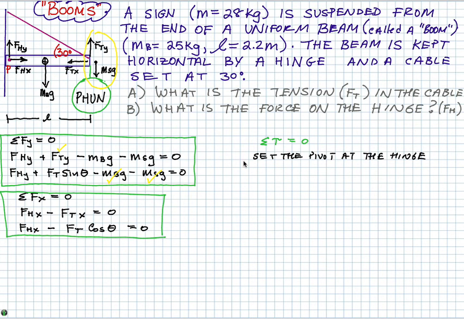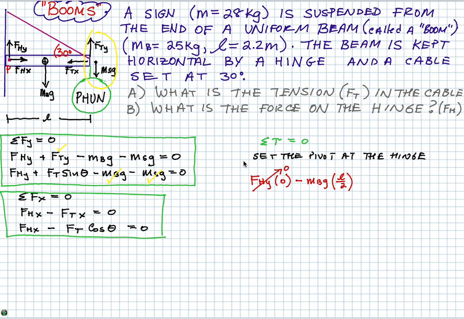So I have the sum of the torques. That would be Fhy times 0. So there's no torque provided by the hinge. So that's 0. And the next force would be mBg. That would provide a negative torque, mBg times L over 2.